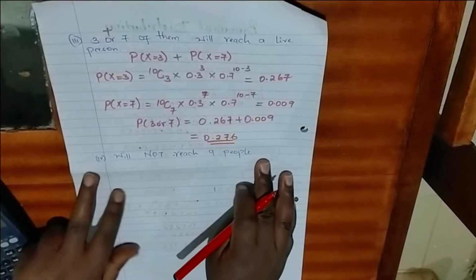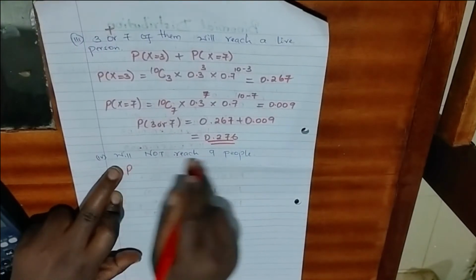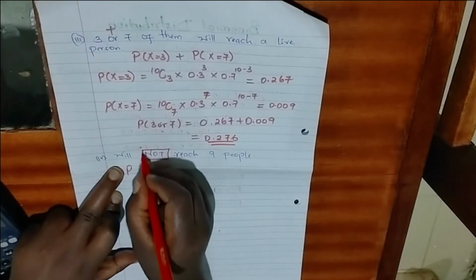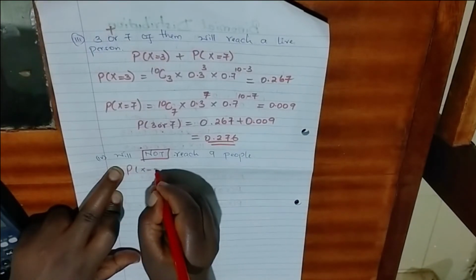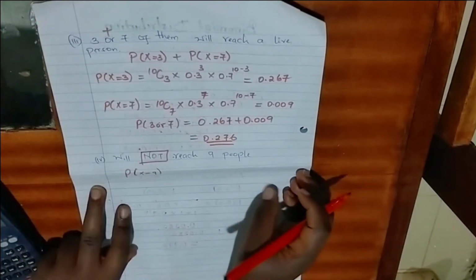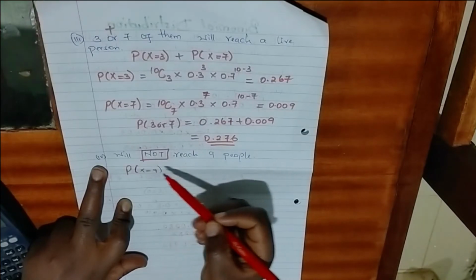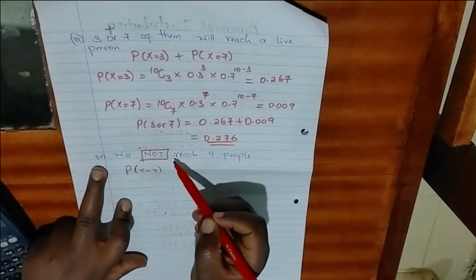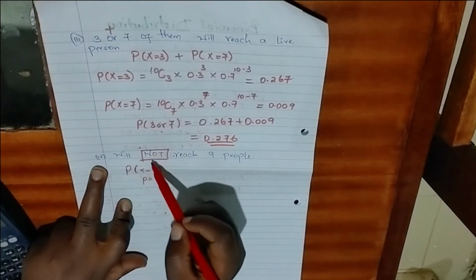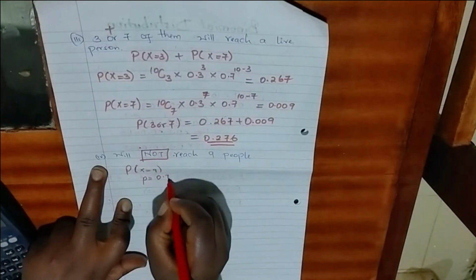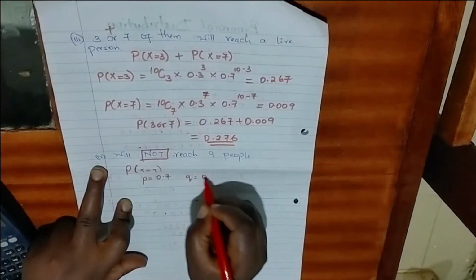So lastly, we have the probability of not reaching 9 people. Please note the interest here is not reaching 9. There are two approaches to handling this. One is to note that the event of interest is not reaching, so P, the probability of success here, is 0.7, and Q, failure, in this case is 0.3.